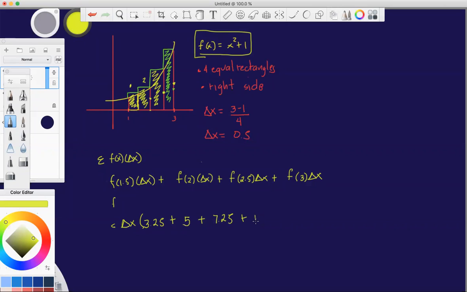And then for our 3, will that give us a 10? Yes. All right. So let's try to add them up. Our delta x would still be 0.5. So you'll have 3.25 plus 5 plus 7.25 plus 10. What would that give us, guys?